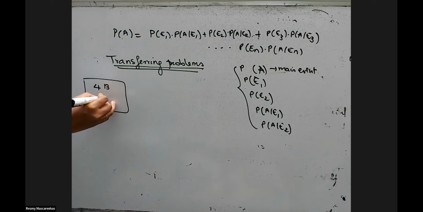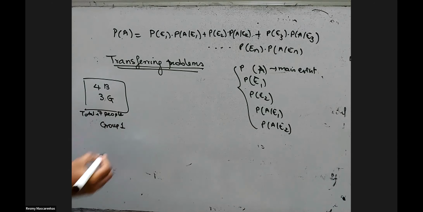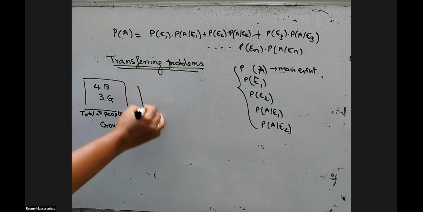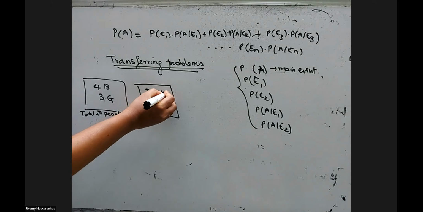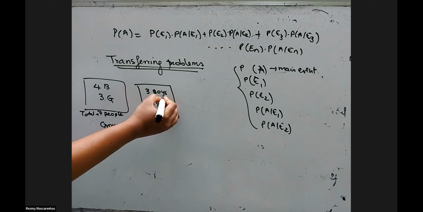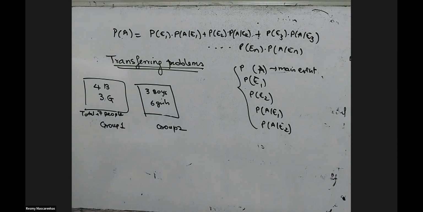This is group 1, with a total of 7 people. And group 2 contains 3 boys and 6 girls. So this is group 2.